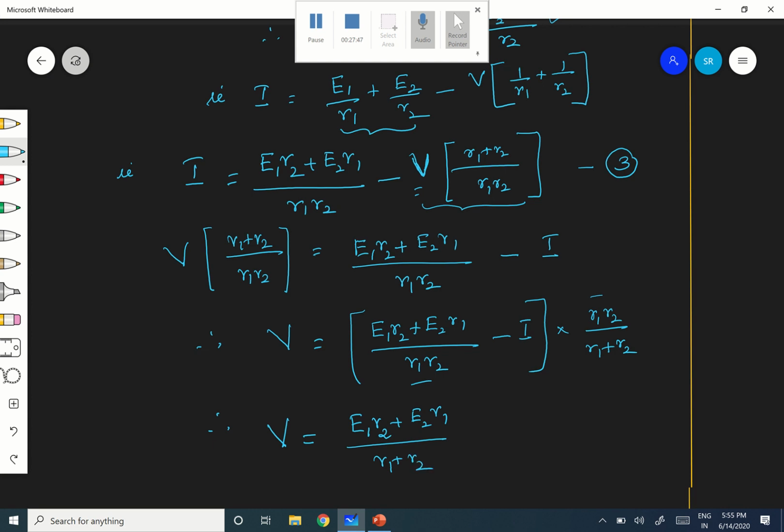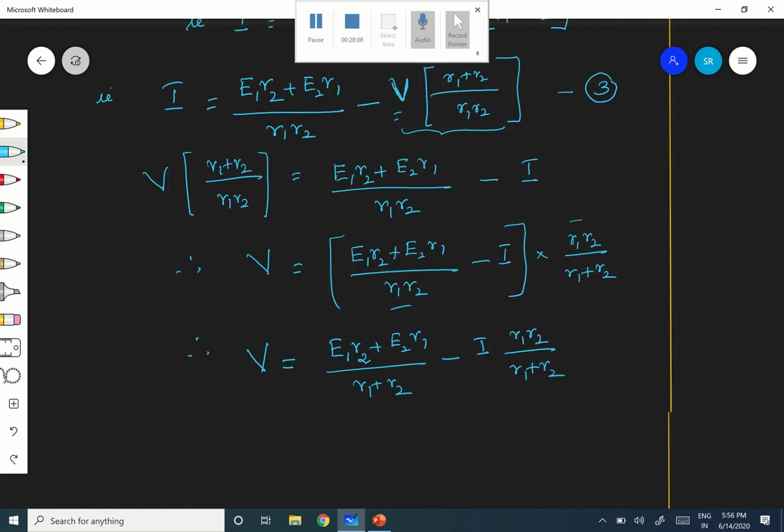Directly I can do, I am bringing R1 R2 by R1 plus R2 within the bracket. Therefore I will get minus I R1 R2 divided by R1 plus R2. So, this is the expression.